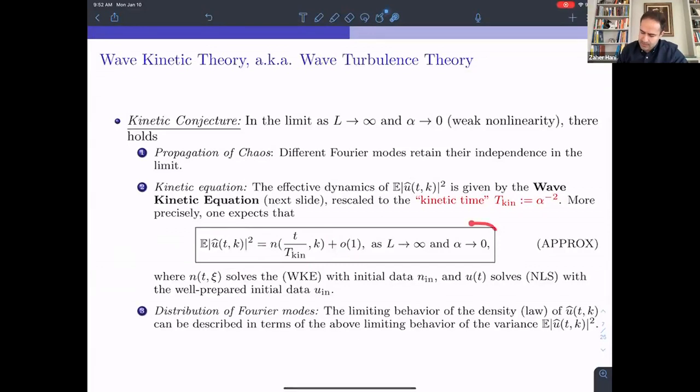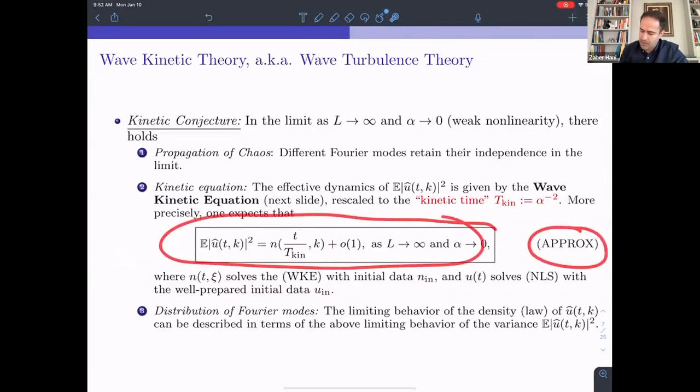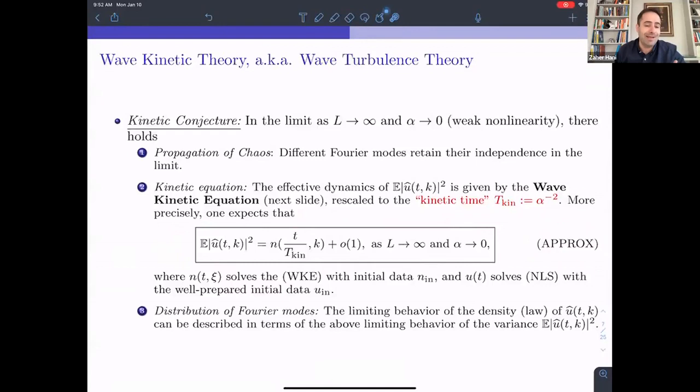I will call this property approx later. This is really the kinetic approximation that we will be interested in proving. Here N of t_c is the solution of the wave kinetic equation with initial data N initial, the same N initial that appeared in the previous slide. And u of t solves NLS with the well-prepared data u initial.